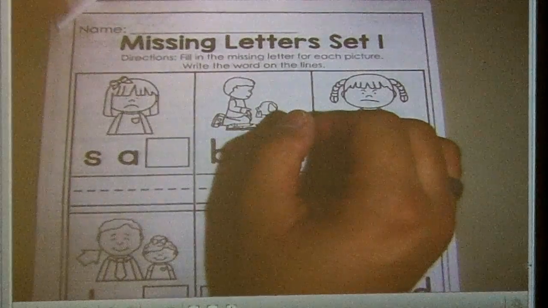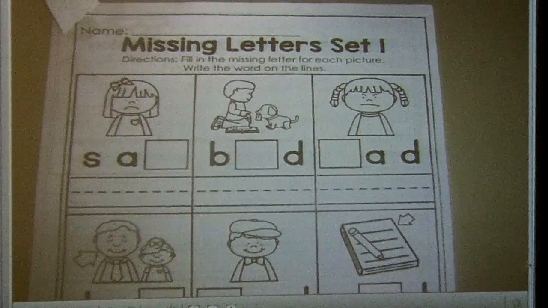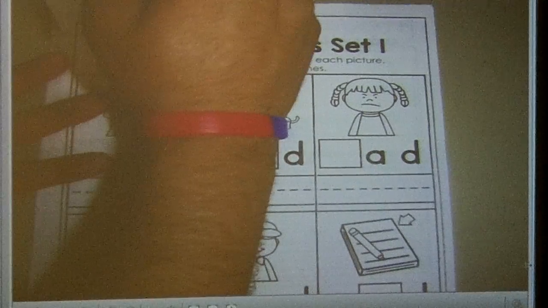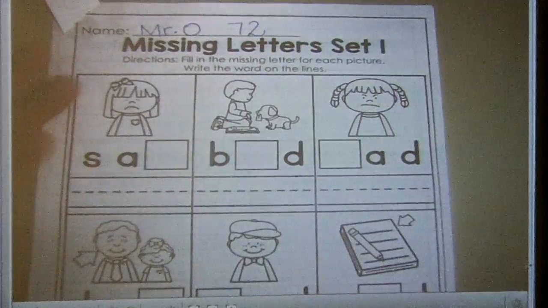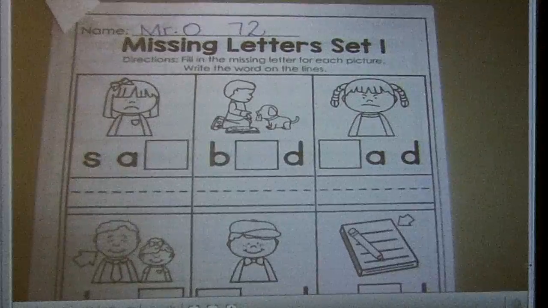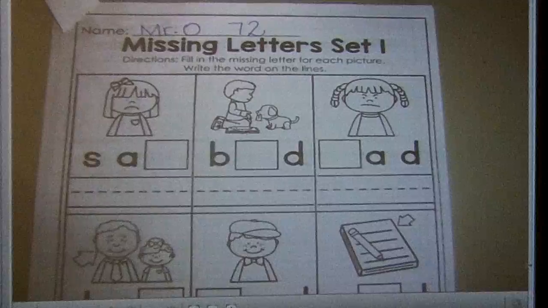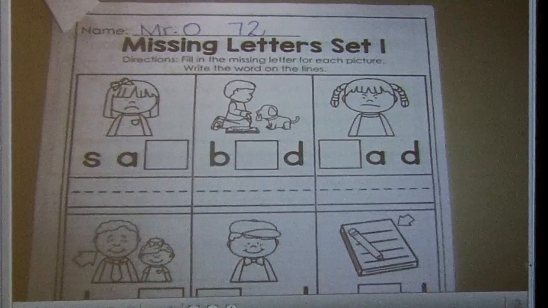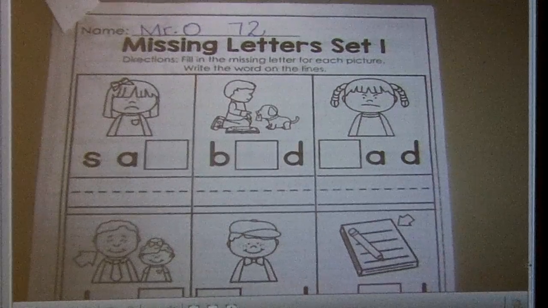All right, so let's see. Go ahead and flip that tab up, and we are going to start by writing our name, just like we do in class. So my name's Mr. O, and I'm going to write my magic number 72. I am using a blue pen just so that you can see the writing that I do on my packet, but I want you to use a pencil.